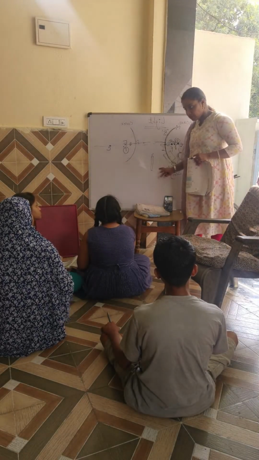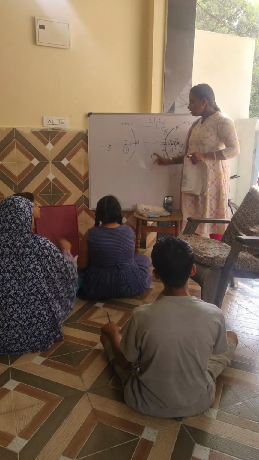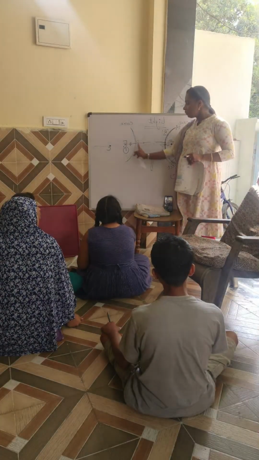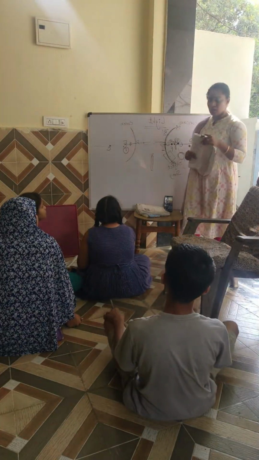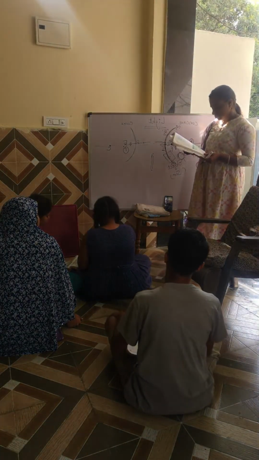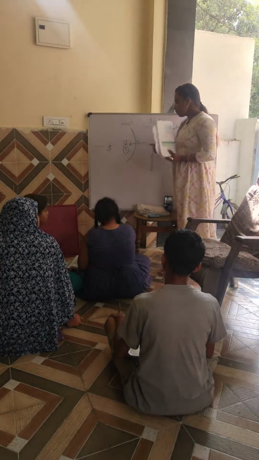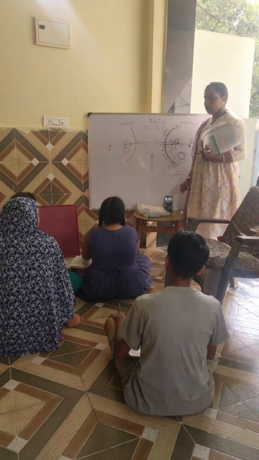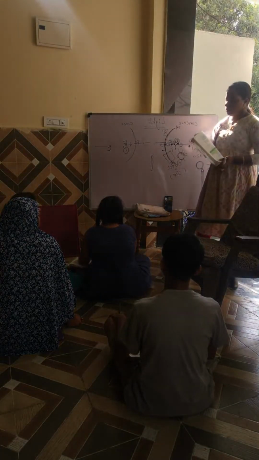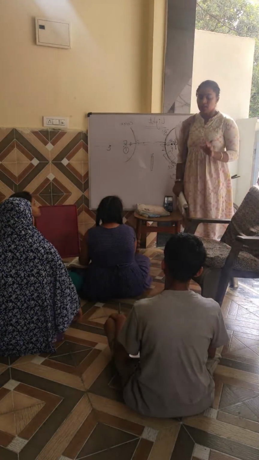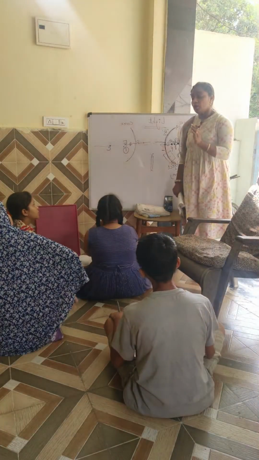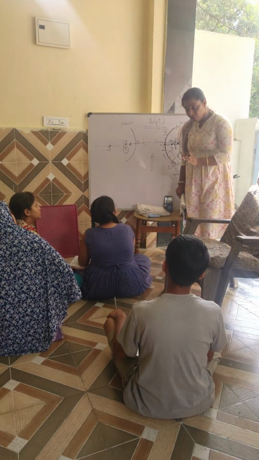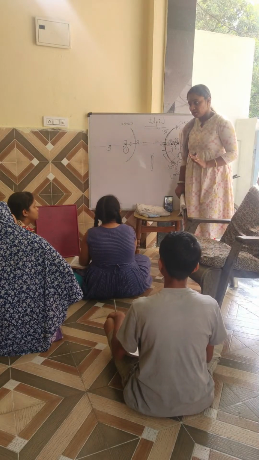If you keep the object there, you can see the image between the pole and focus. It is also behind the mirror. In convex mirrors, the image will form behind the mirror; in concave mirrors, the image will form in front of the mirror.